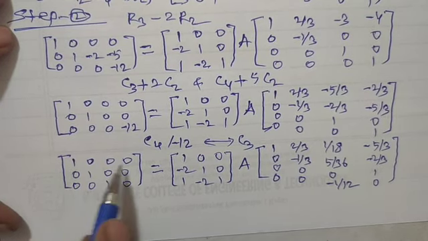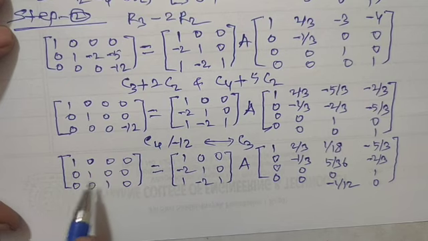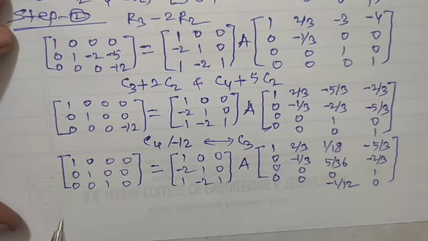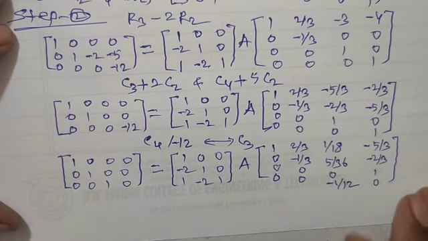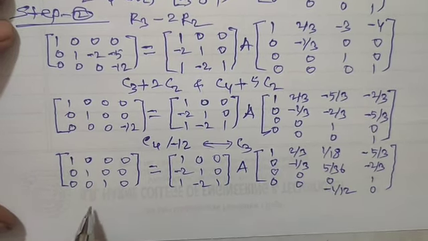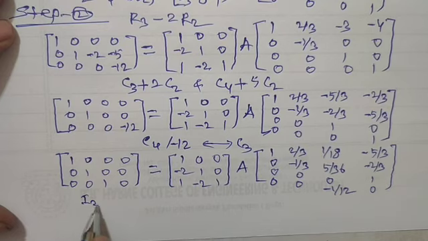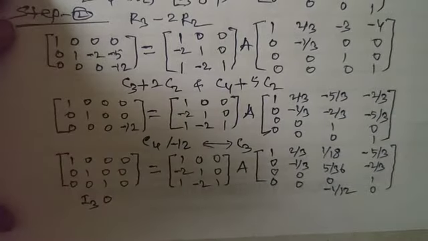Here first 3 rows are non-zero, means rank of this matrix is 3 and one column is a 0 column. So this we can express in the normal form like this: I3 0.